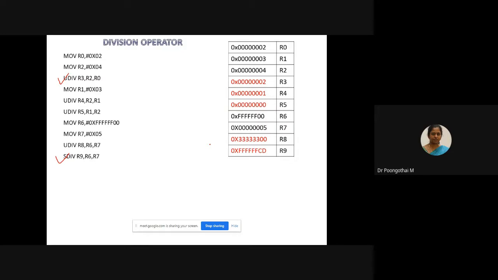Generally we can store the quotient value. The remainder will be discarded using unsigned div and signed div.